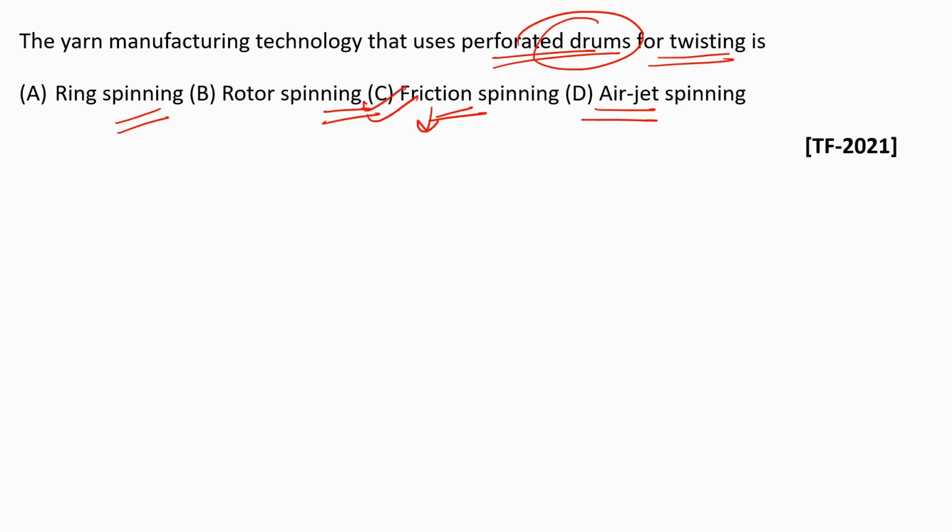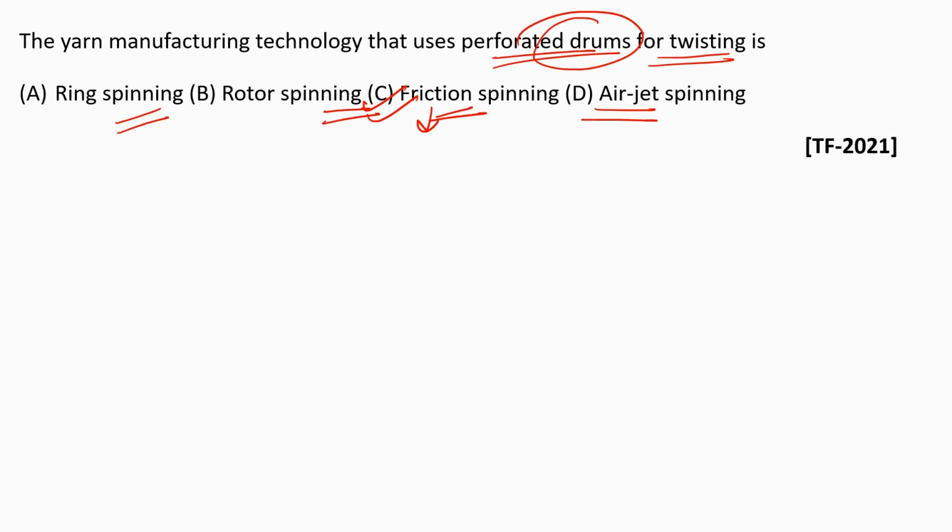Talking about the explanation, friction spinning is also called DREF spinning, with parts known as DREF 1, DREF 2, DREF 3. These are different parts of the friction spinning machine. It is suitable for spinning coarse counts of yarns, so generally heavy counts are used.